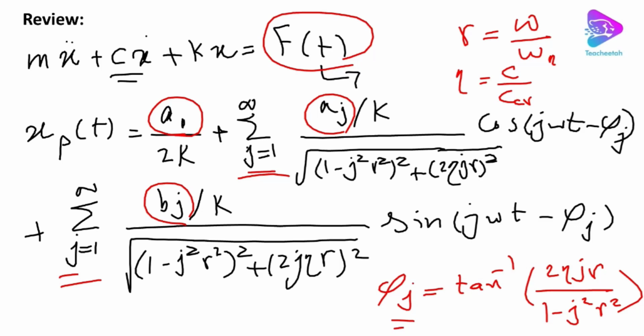You need to find the function of f(t) in one period, and then find a naught, a_j, and b_j, and then plug them into this equation to find the steady state response. You don't have to do anything else because everything else is known, like k, r, c. We can find the expressions for a0, a_j, b_j, and phi_j to find the steady state response of the system.